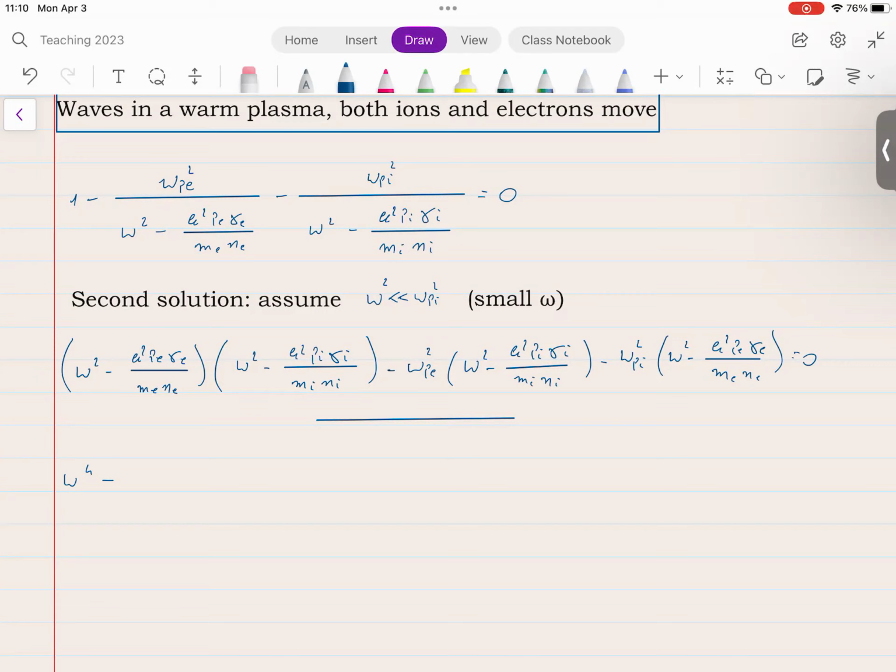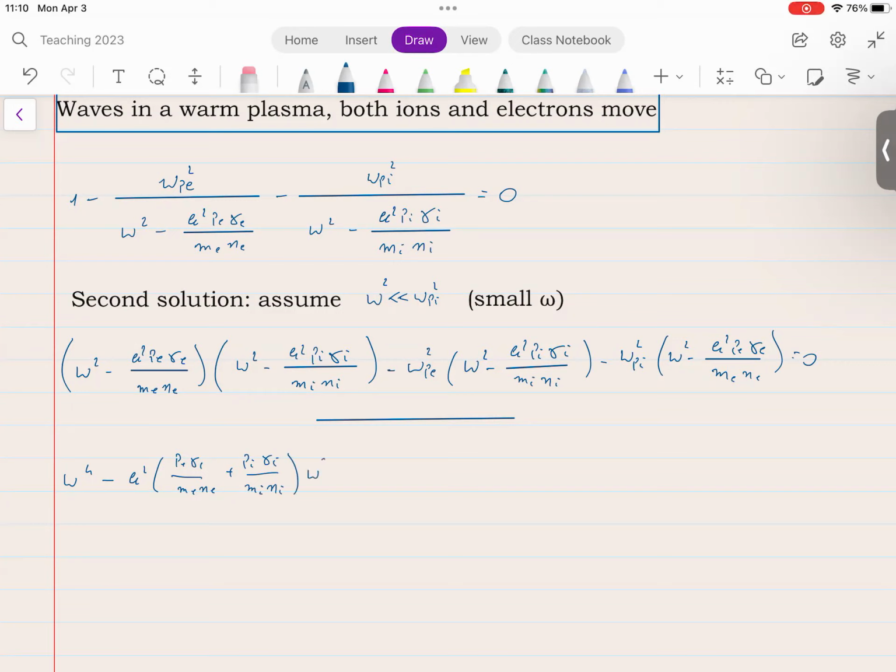So I can collect those terms, k squared times p e gamma e over m e n e plus p ion gamma ion over m ion n ion.